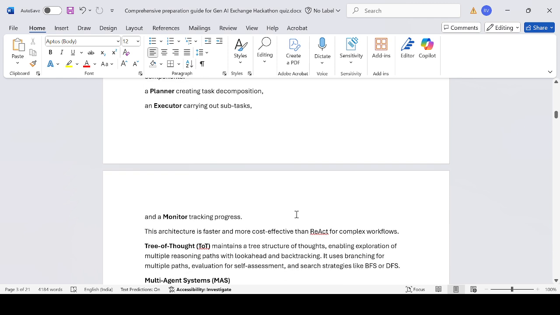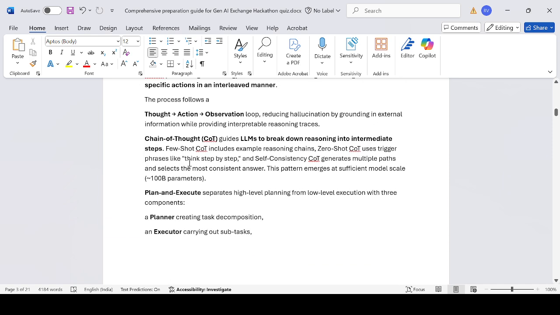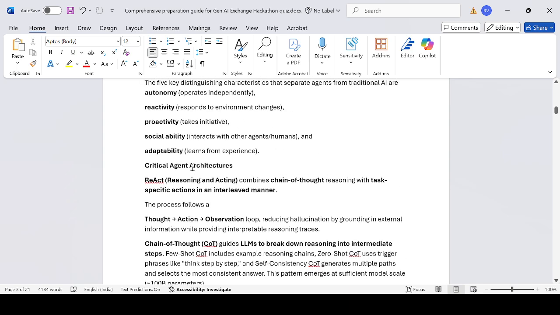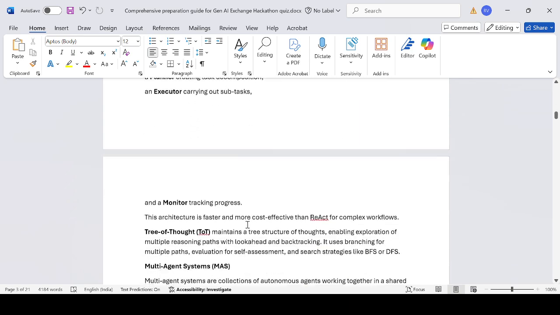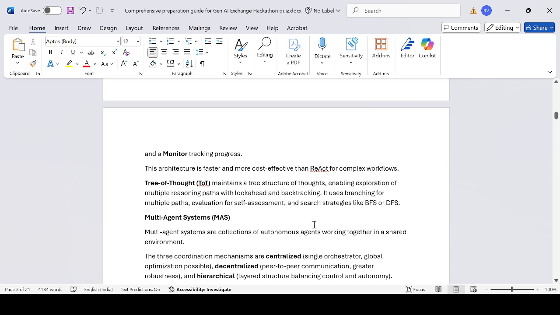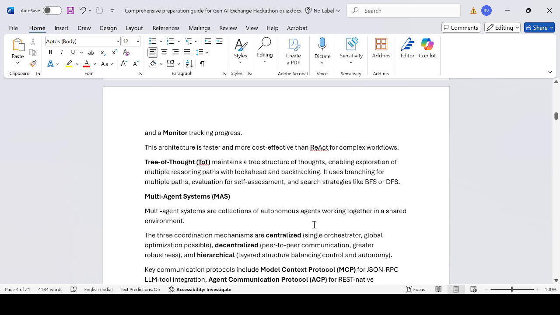And we have a monitor, which tracks the progress. This is an architecture we use predominantly in most agentic AI. The other one is tree of thought. It maintains a tree structure of thoughts, enabling exploration of multiple reasoning paths, and it even performs backtracking.